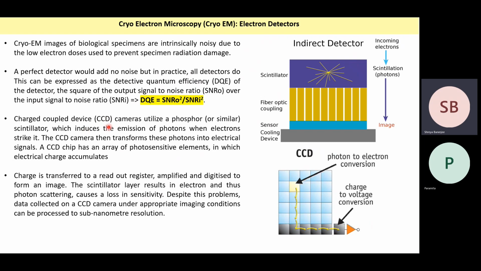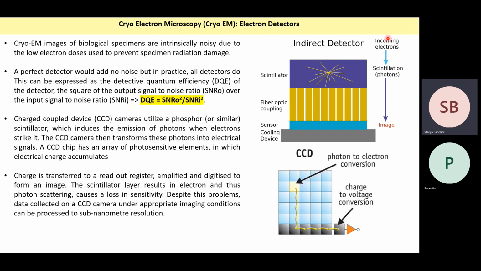Charge coupled device, or CCD cameras, utilize a phosphor scintillator which induces the emission of photons when electrons strike it. So basically, electrons strike the detector, and wherever they strike, photons are generated. The CCD camera then transforms these photons into electric signals. A CCD chip has an array of photosensitive elements in which the electric charge accumulates.